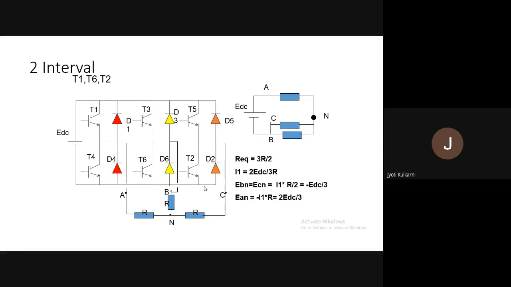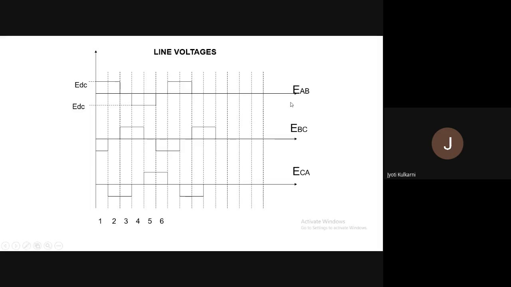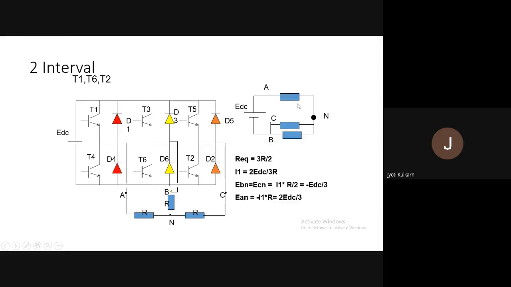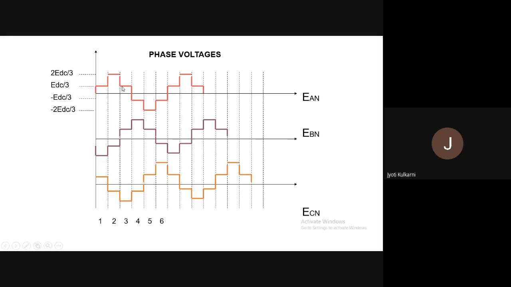And then the line voltages we can also calculate. How to calculate line voltages? EAB, EBC and ECA. How will I calculate EAB? A minus B will give AB. A minus B means EAN minus EBN, I'll get EAB. So EAN minus EBN. EAN is how much? EDC by 3. EBN is how much?